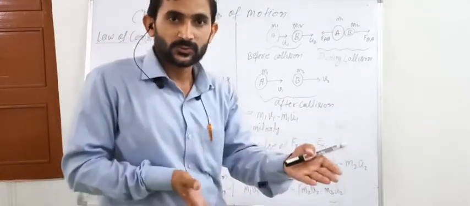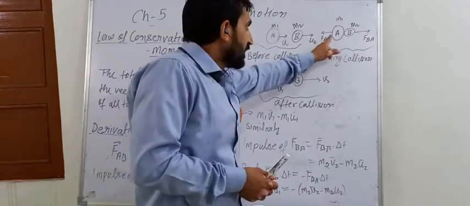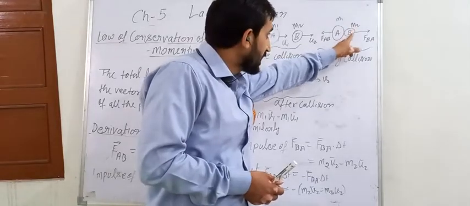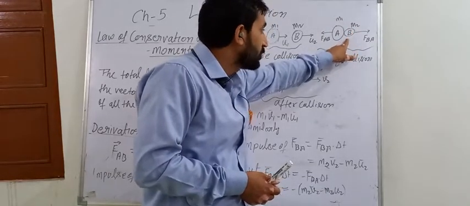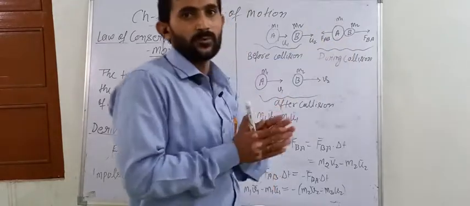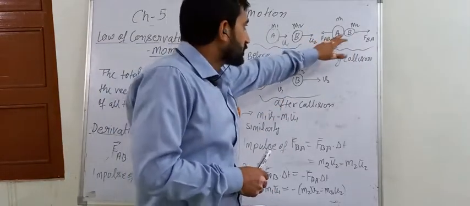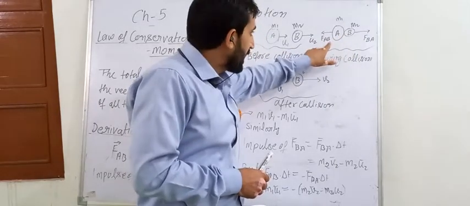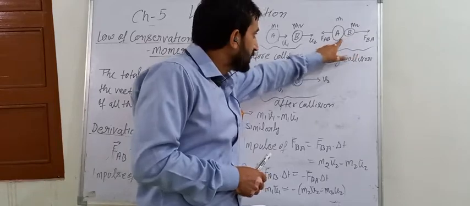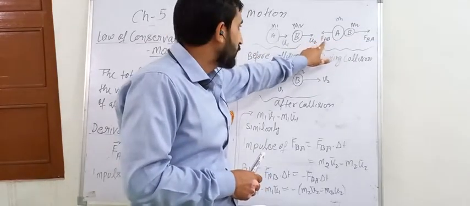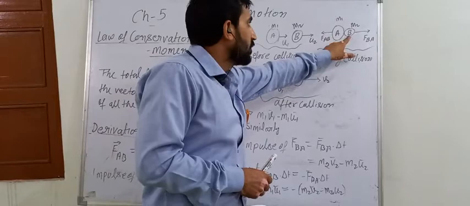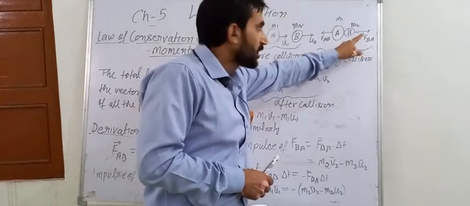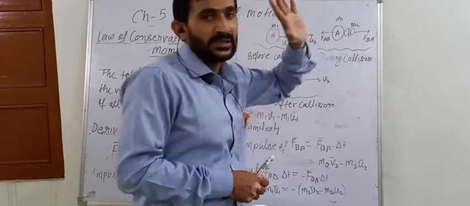It will strike, and at that time this ball will apply a force on the other ball, and the second ball B also will apply force on ball A. The force on object A due to B will be FAB, in this direction. And the force applied on B due to ball A will be in this direction. Hence it will be FBA.